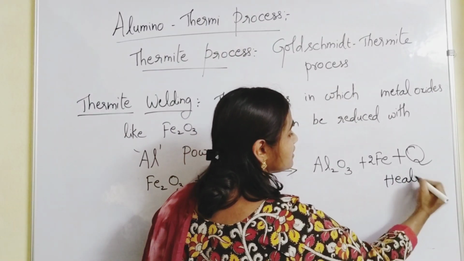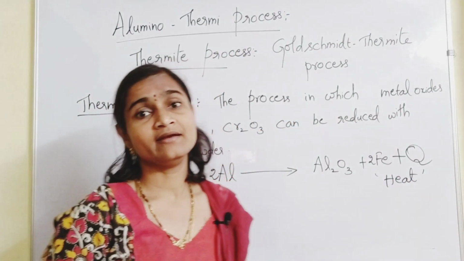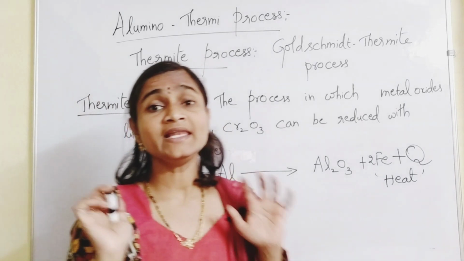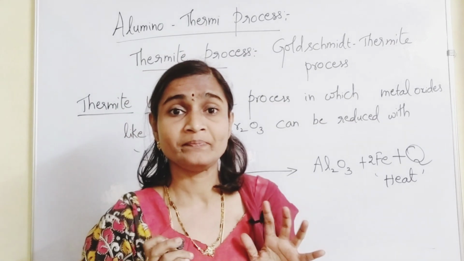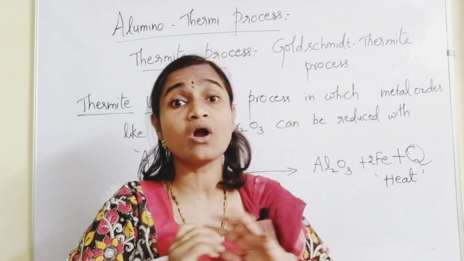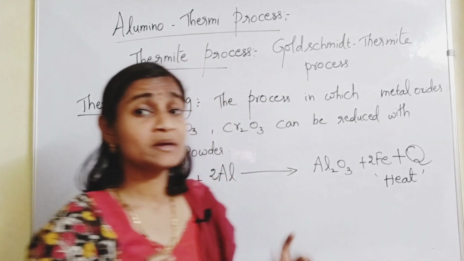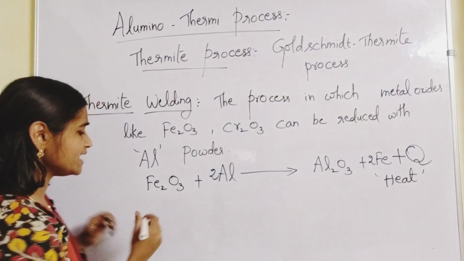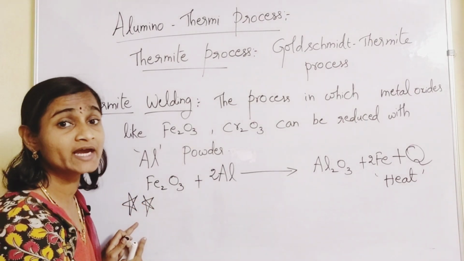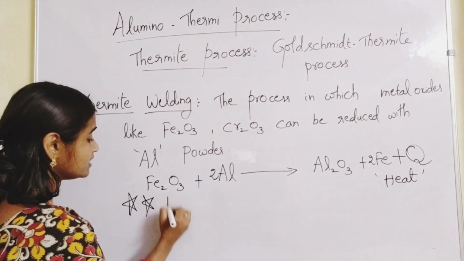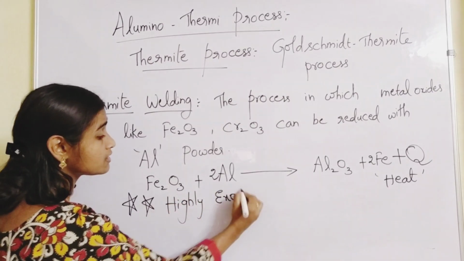Much amount of heat is liberated here. It is a highly exothermic reaction, an explosive reaction happens here. Much amount of heat is generated with this method. Very, very important point, you will be getting a 1 mark question: the reaction is highly exothermic.